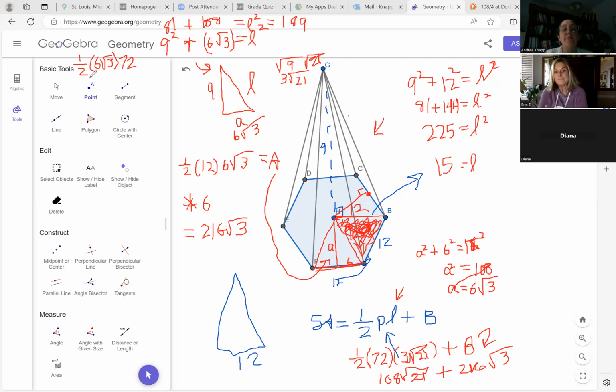But you could have used that little formula right there. Wow, I had the right formula, I just had the wrong apothem. So that gives you the area of the regular polygon.